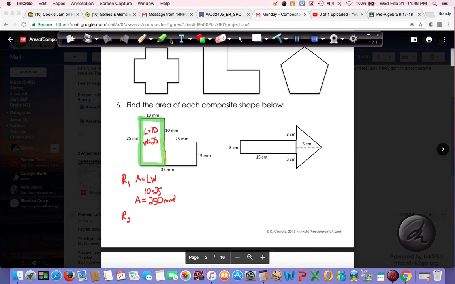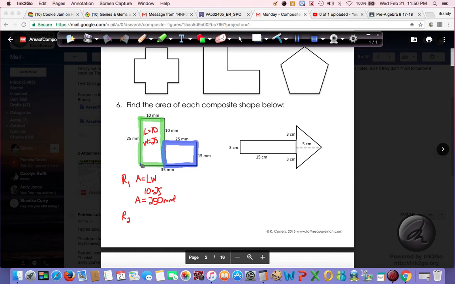Now let's look at our second rectangle. Let's use blue. And our second rectangle is going to be right here. Sometimes they won't give you a piece of information and you would have to subtract.